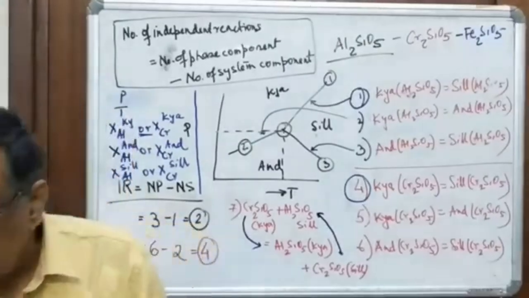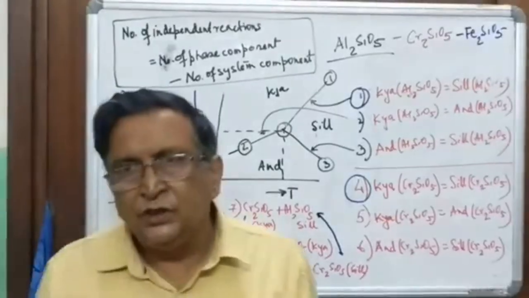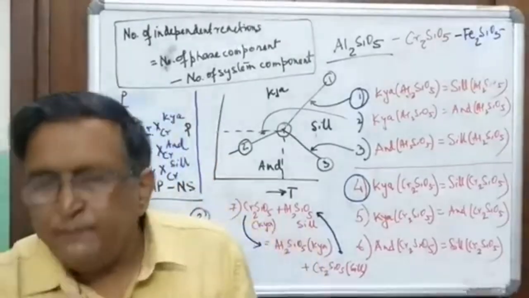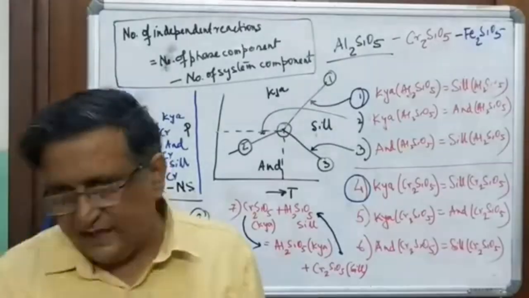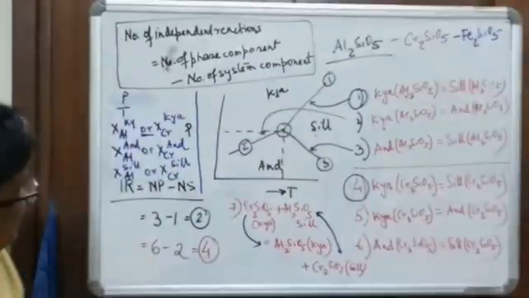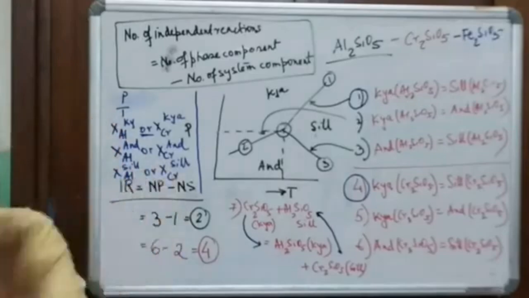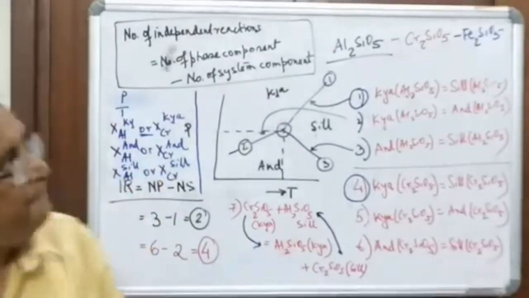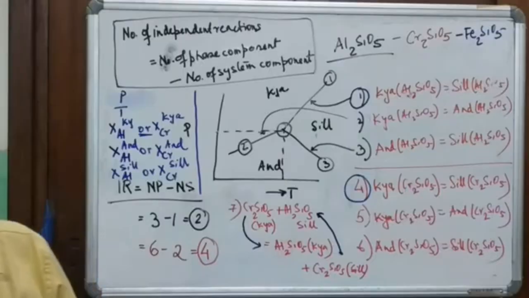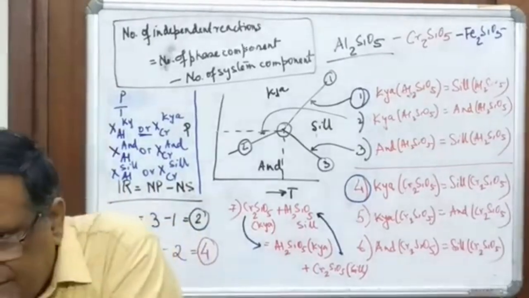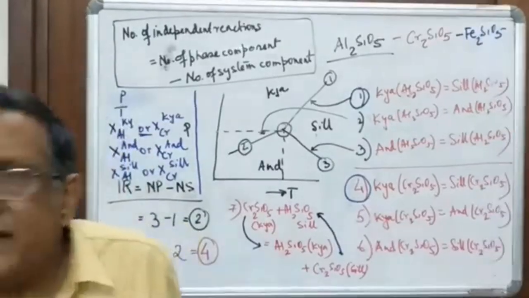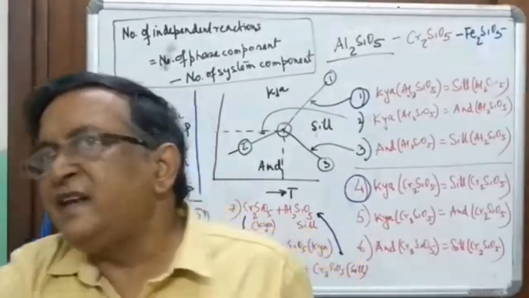So how many variables? 3 plus 3 plus 3, 9 variables, pressure, temperature. But say for example in kyanite, X chromium plus X aluminium plus X iron is equal to 1. One variable is lost. One variable is a dependent variable.